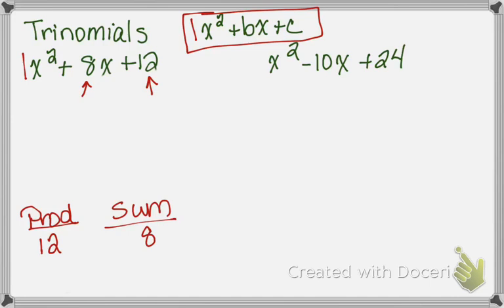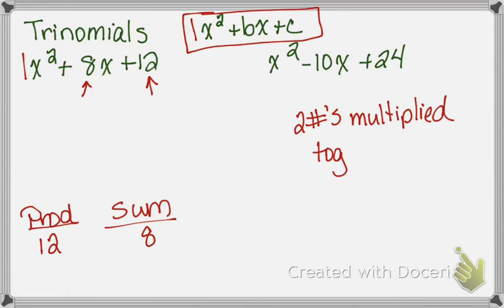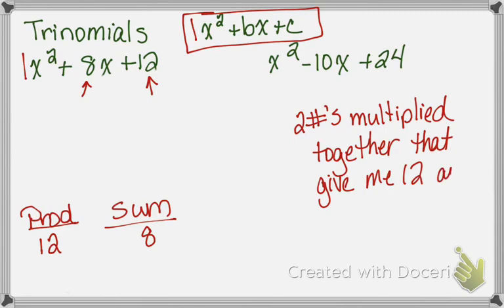So what I'm looking for is two numbers multiplied together that give me 12 and added together give me 8.